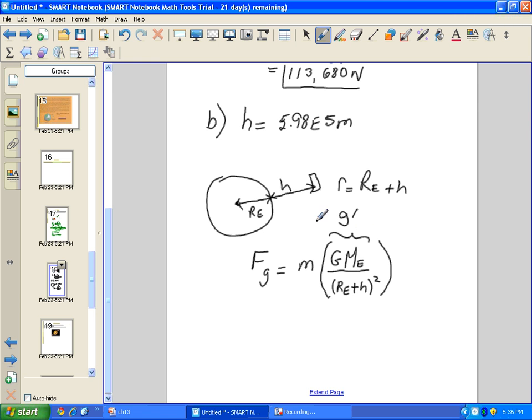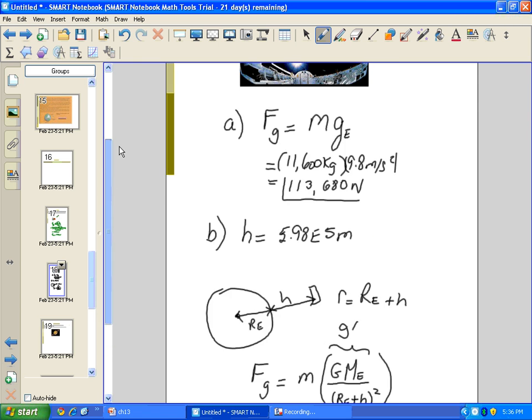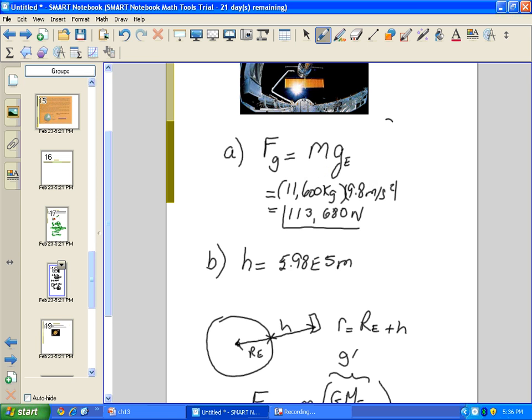You see, coming back to here, let's recall how we got g of 9.8. g of 9.8 is the gravitational constant times the mass of the Earth divided by the radius of the Earth squared.